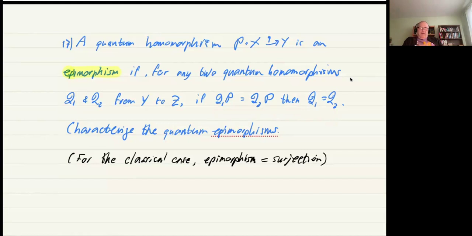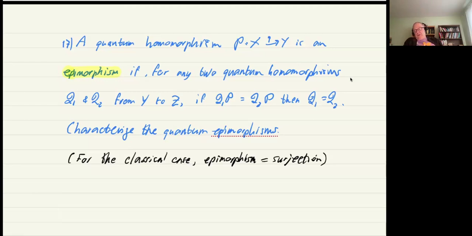If you look at what's happening with the category, this is what the category will give you as a condition. But we don't know. Actually, we don't have an example even where there are non-trivial quantum homomorphisms and we know whether they're onto, whether they're epimorphisms in this notation.